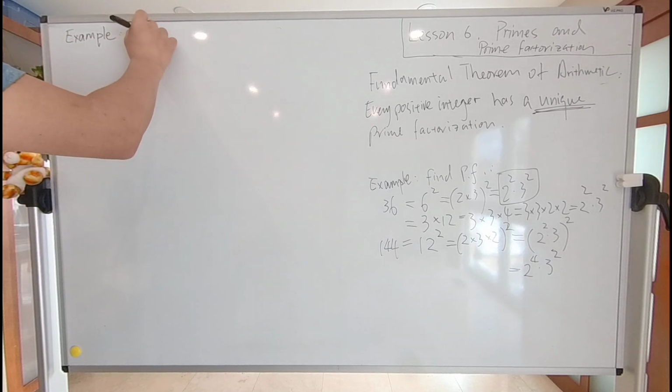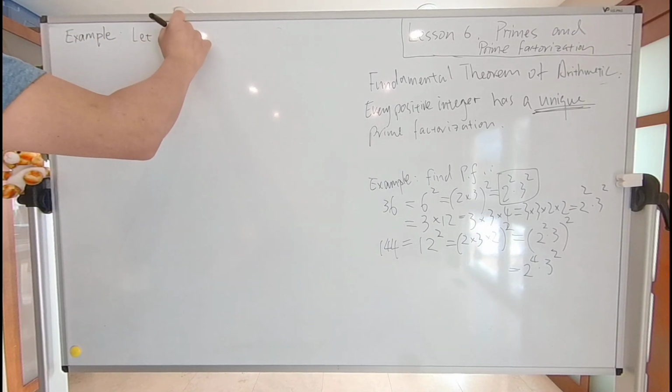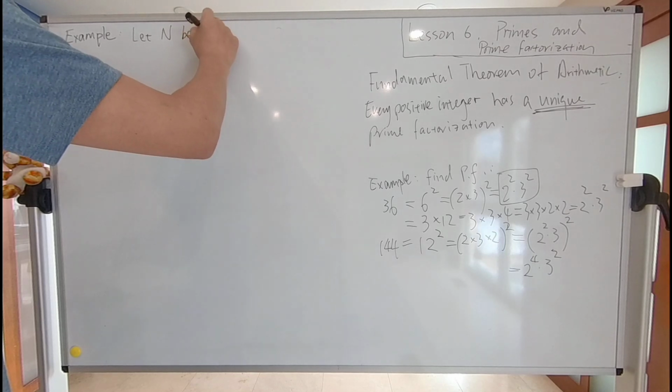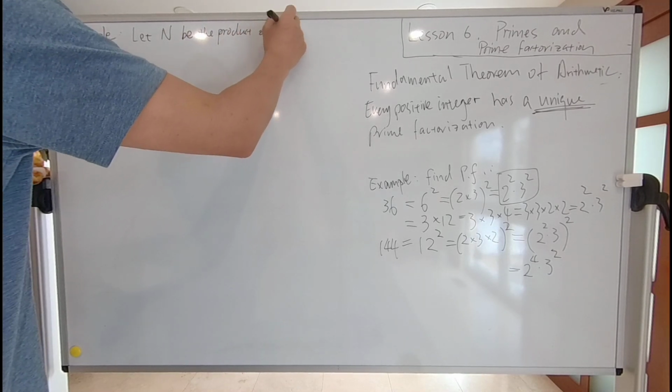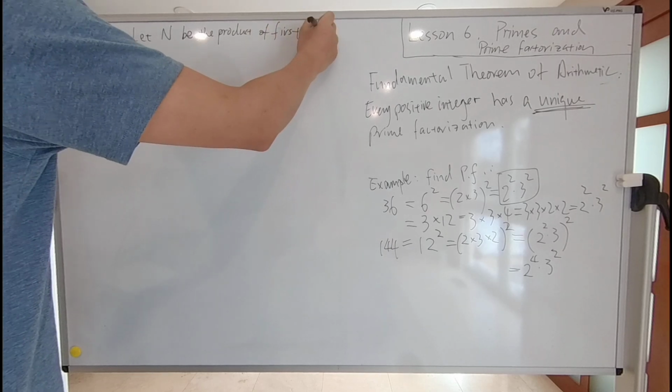We let a number n be the product of the first 10 prime numbers.